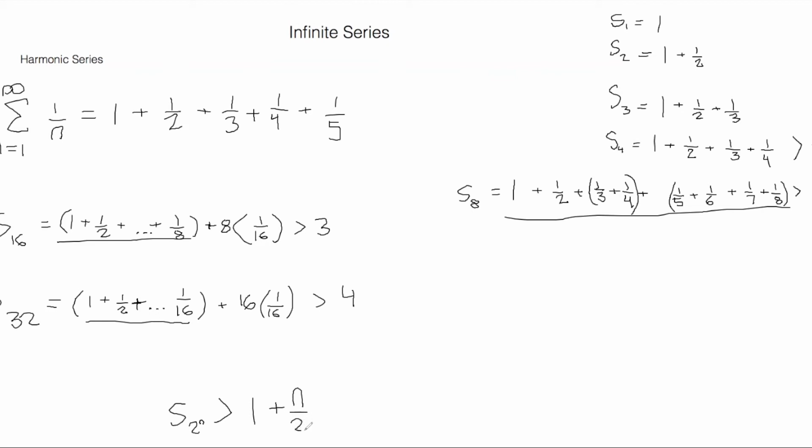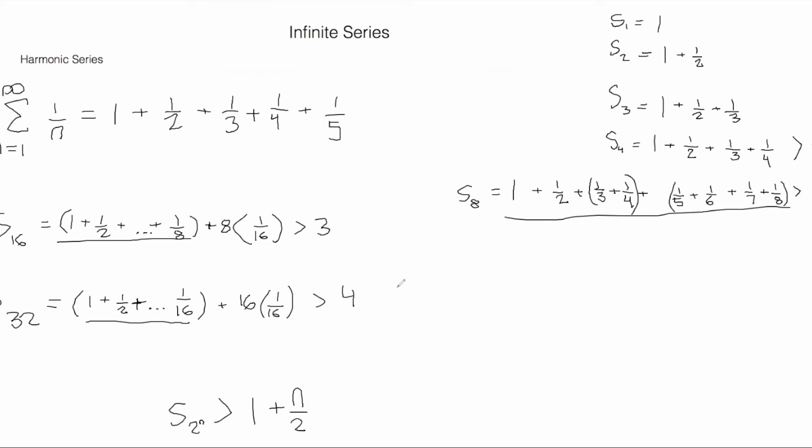And this is really useful because what if we wanted to find like S sub 100 and we didn't have time to just go through the pattern like we did for S sub 4 and then S sub 8 and then S sub 16 and then S sub 32. Having a recursive formula helps us tremendously if we want to compute really, really large values without iterating all the values that come before it. We can just jump directly to that one. So this is the formula we use.